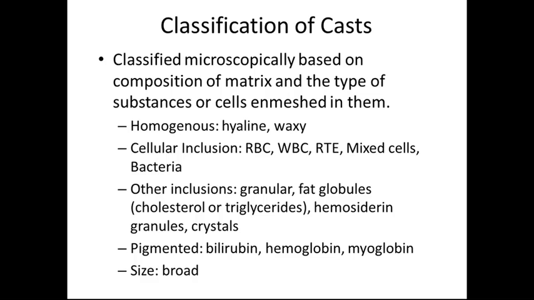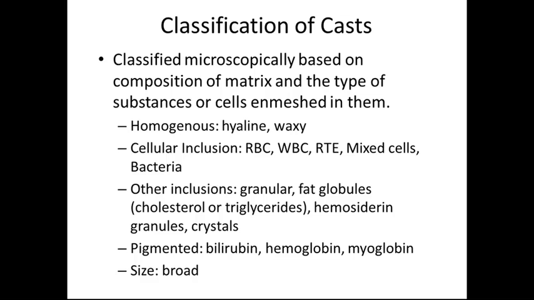Classifications of casts: they are classified microscopically based on composition of matrix and the type of substance or cells enmeshed in them. So homogeneous, meaning that it looks the same throughout, is our hyaline and our waxy casts.